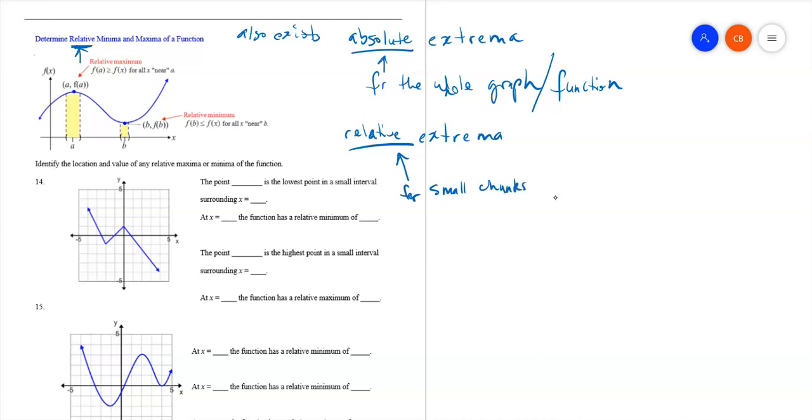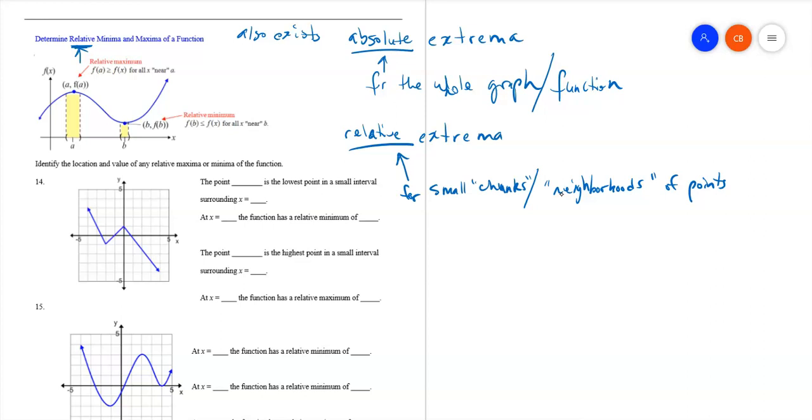It's not very technical to use words like small chunks, or else I like to use this word neighborhoods. For small neighborhoods of points. And that's what it means, relative. It means related to the points that are just right around that one.